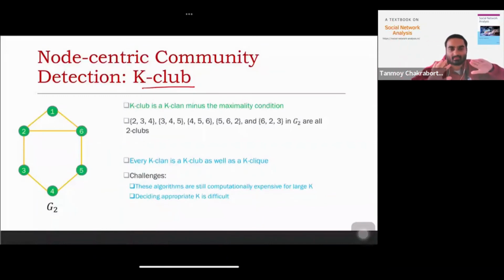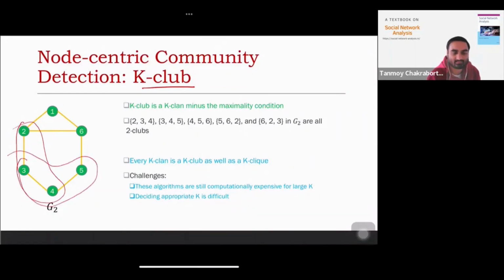So what I say here is that a K-club is any subset of nodes which, once you take the induced subgraph, the distance between any 2 nodes should be less than or equal to K. So according to the definition, 2, 3, 4 is a 2-club. 3, 4, 5 is also a 2-club, because the distance is always 2, less than or equal to 2.